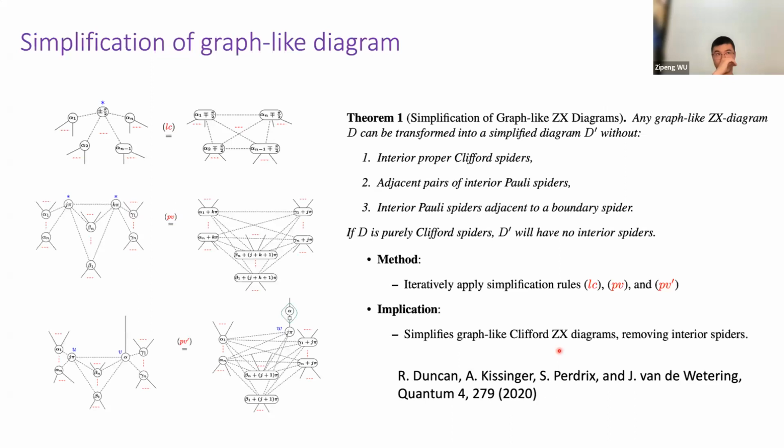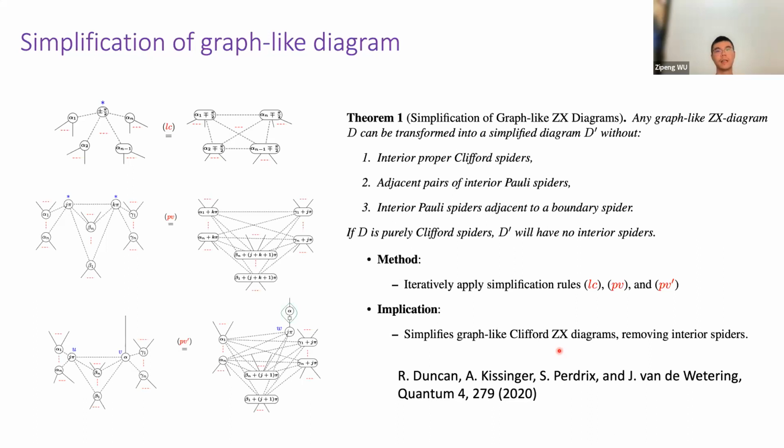With these graph-like diagrams, previous work provides very helpful simplification procedures. It basically involves two lemmas: one is the local complementation, and one is the pivoting rule.